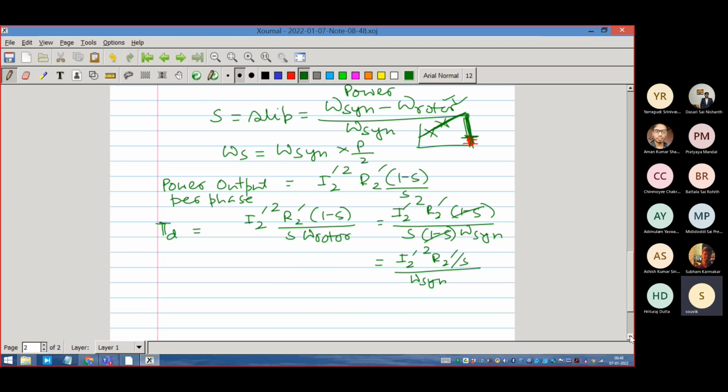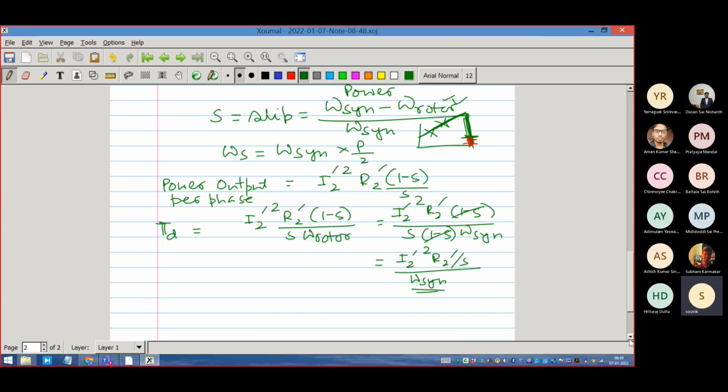It is not only the power that is outputted to the mechanical system, but also its own consumption due to rotor copper loss, which we cannot avoid. So that divided by synchronous speed, not the rotor speed, is the torque that is developed.